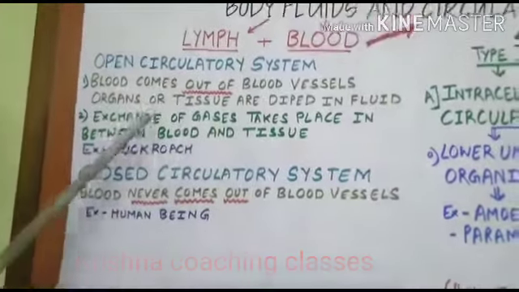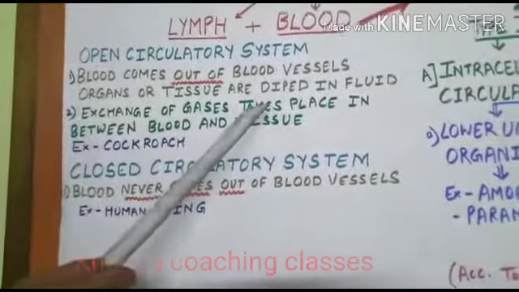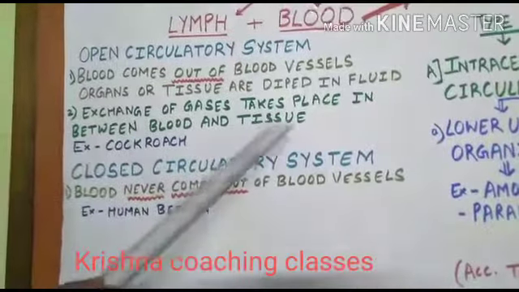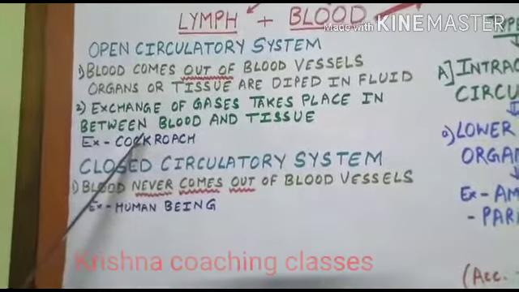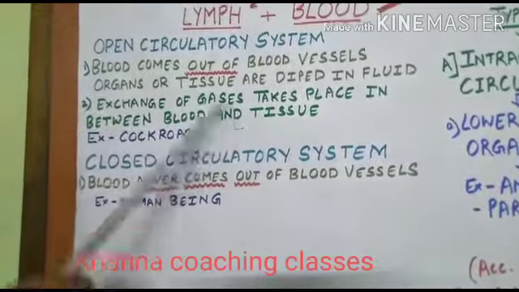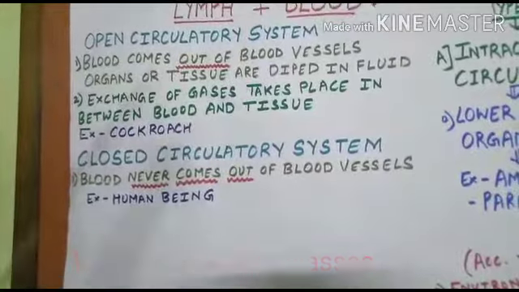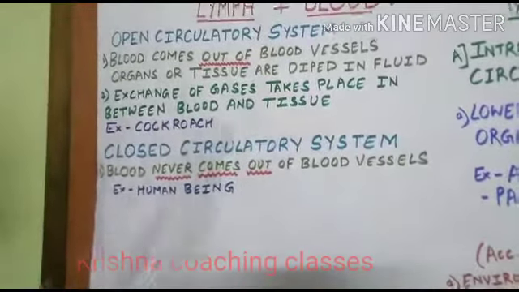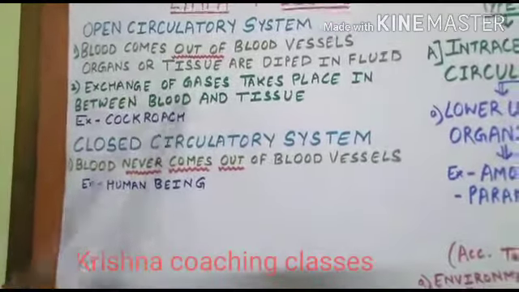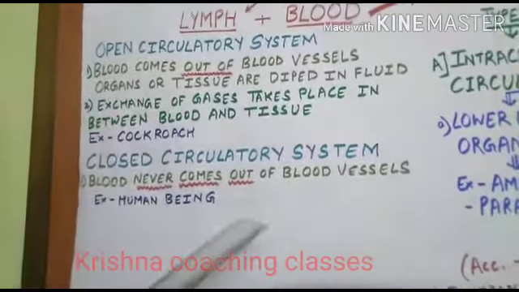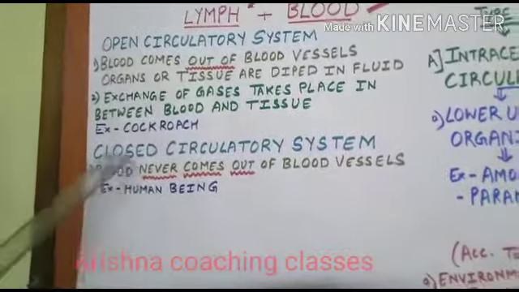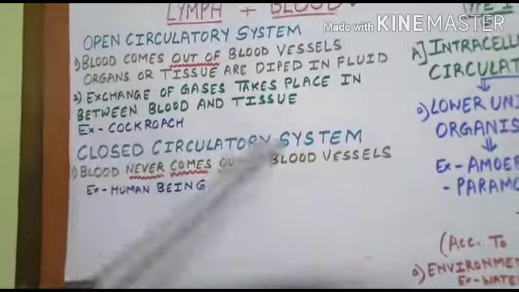Very important: the exchange of gases takes place between blood and tissue, which you can observe in the cockroach, which has an open circulatory system. Cockroach has hemolymph type of blood.